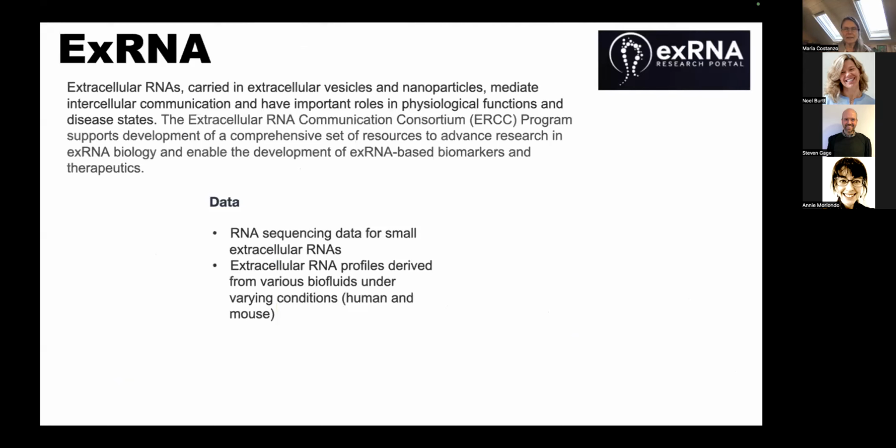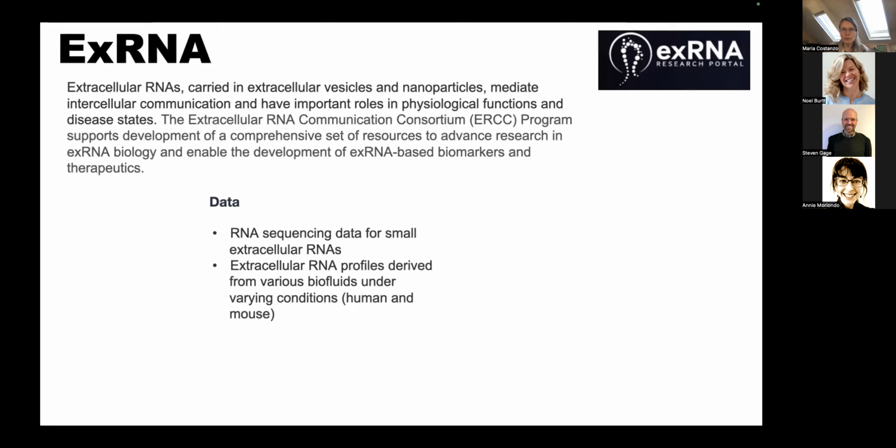Okay, the next DCC is xRNA. This is something that I wasn't even really aware of before starting this project, but extracellular RNAs are actually emerging to be very important in physiology and disease. And so these are RNAs, either small RNAs or pieces of larger RNAs that are outside the cell, and they're carried in lipid vesicles and bound to proteins, sometimes in nanoparticles.